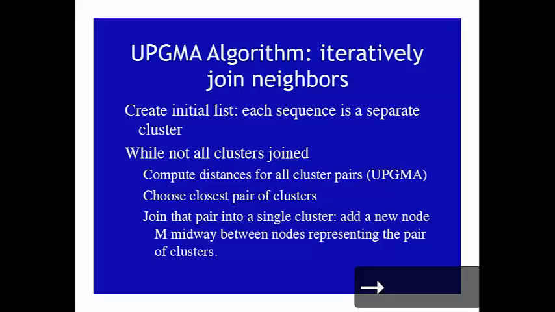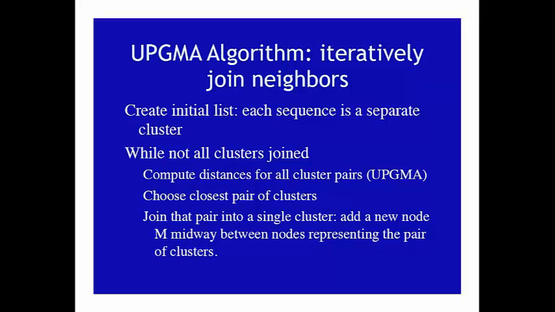And the whole algorithm can be written in this sort of trivial pseudocode. You have an initial list where every single cluster is one single sequence. And then you simply have an iterative cluster joining algorithm where you have distances for all possible pairs of clusters, and choose the closest pair.